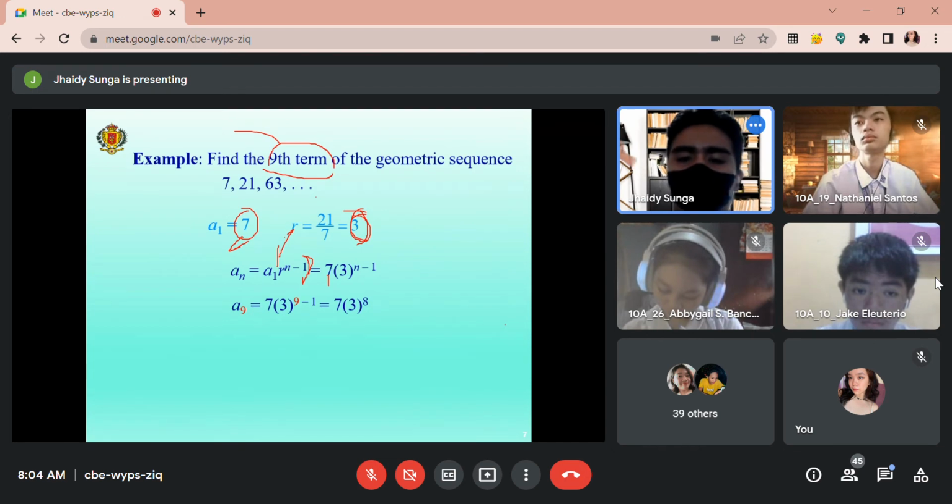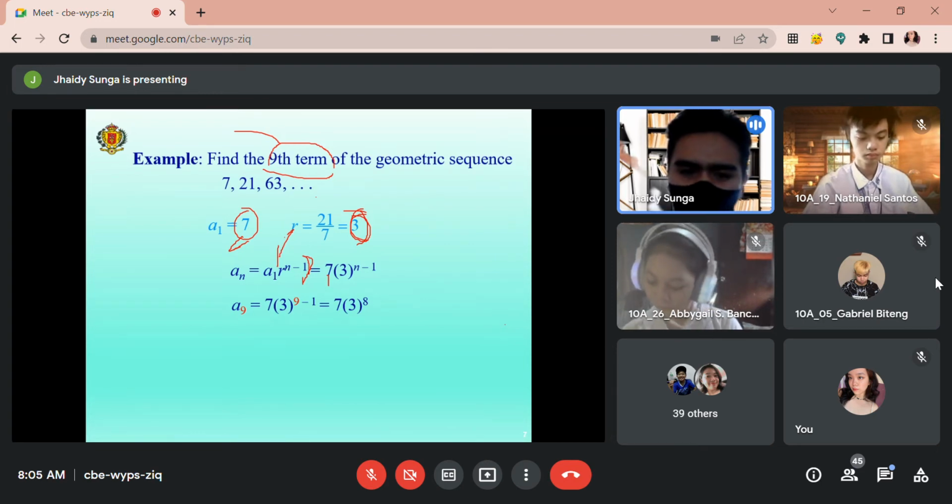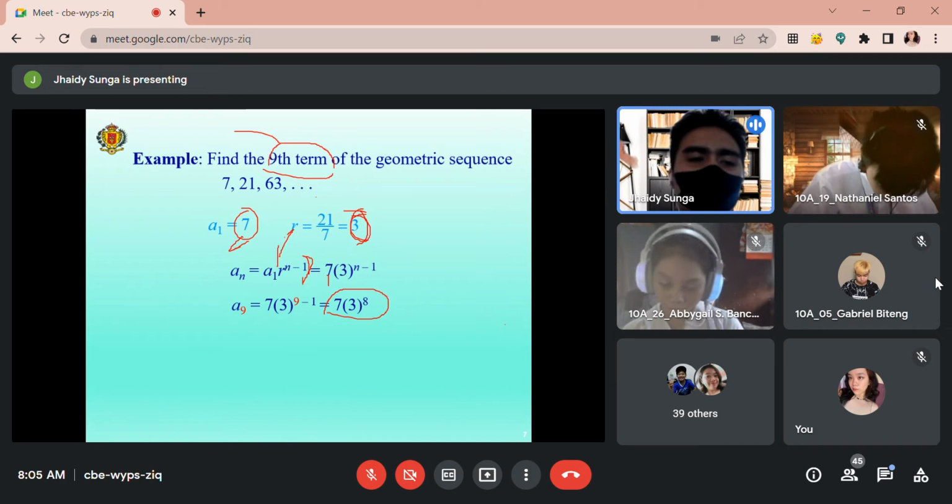Alright, solving. But in case, this is the last step, would you mind to find the answer for this one?